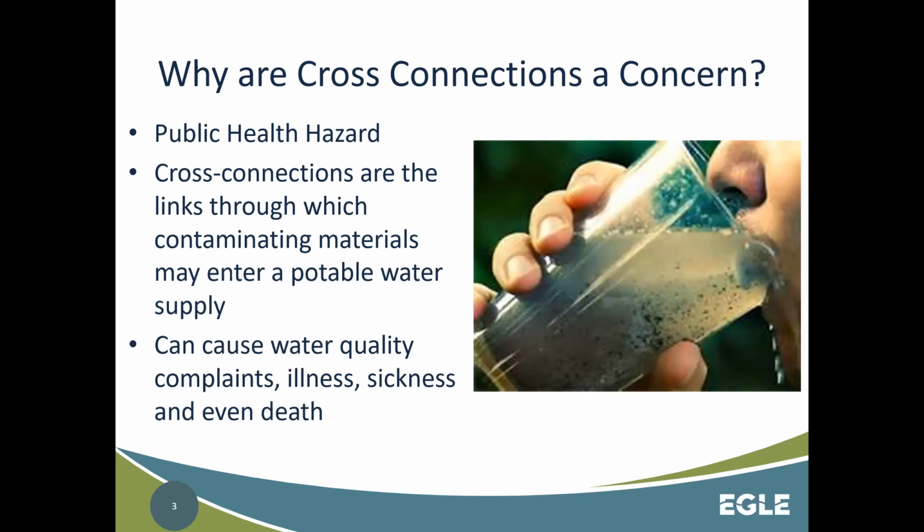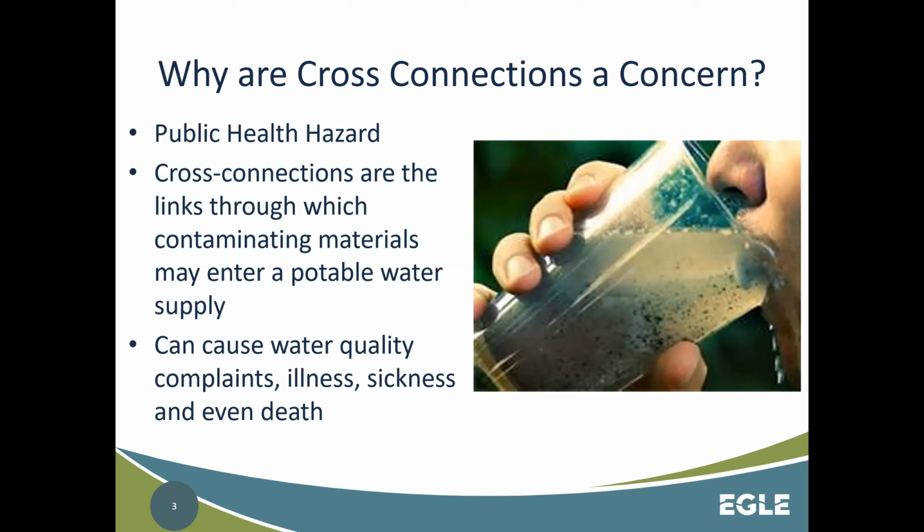If you had to guess the nationwide percentage of this, what percentage of all sicknesses or illnesses or deaths, hopefully not deaths, but sicknesses and illnesses that are caused by drinking public water are caused by cross connections? Just think to yourself, give me a percent.